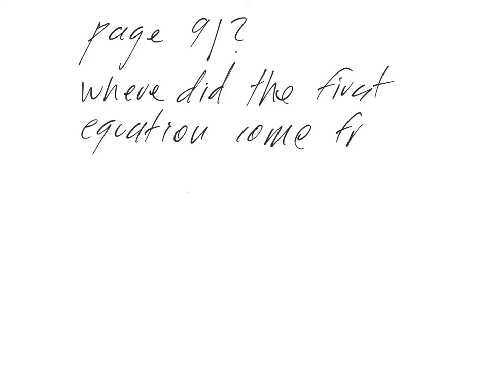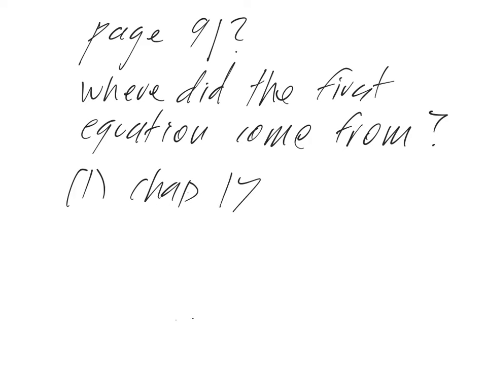Because I think it's maybe not so clear. Okay, so here's the explanation. If you go to the textbook, it explains in the following way. Equation 1 in chapter 17 is this.